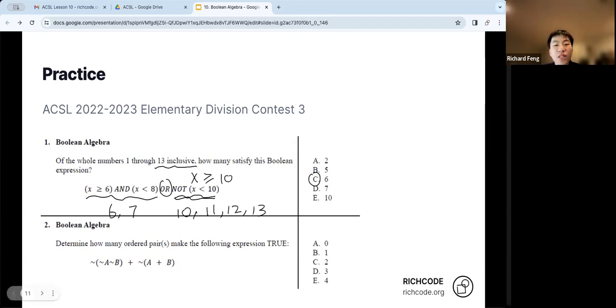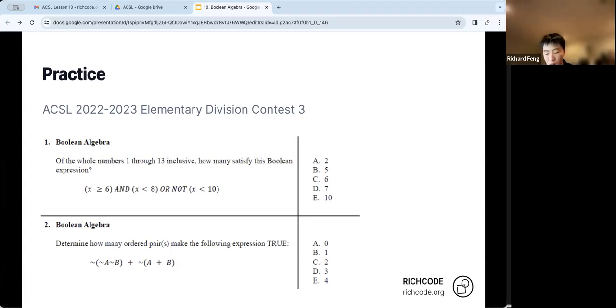And then for the next question, this one requires De Morgan's law. So for question 2, I don't really like the squiggly notation. It's kind of harder to see, so I'll use the horizontal bar notation.